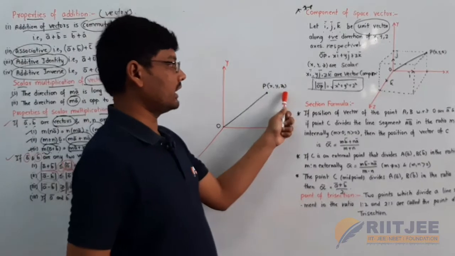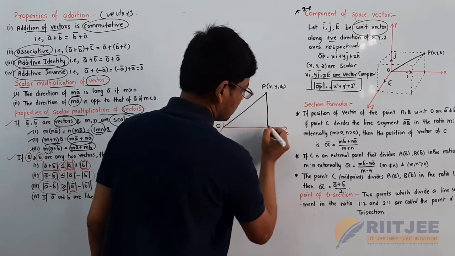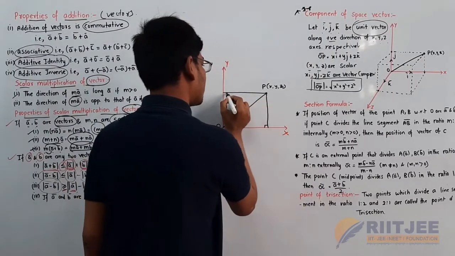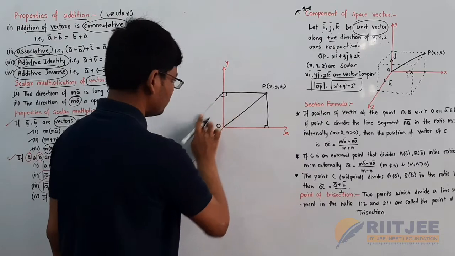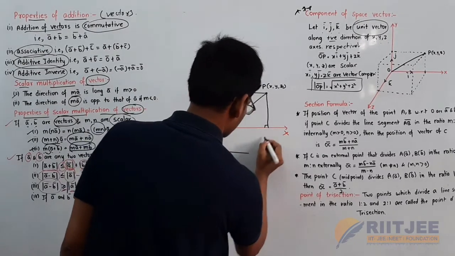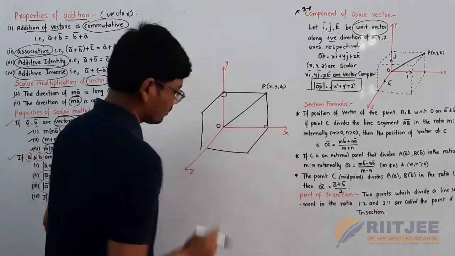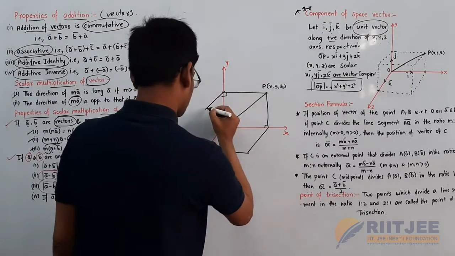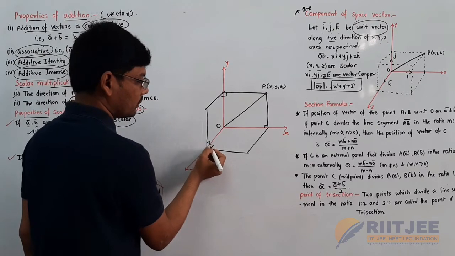These are the perpendicular distances: the perpendicular distance to the x axis, the perpendicular distance to the y axis, and the perpendicular distance to the z axis.